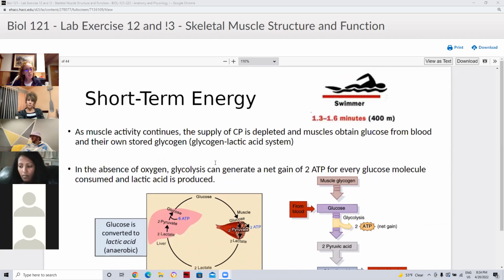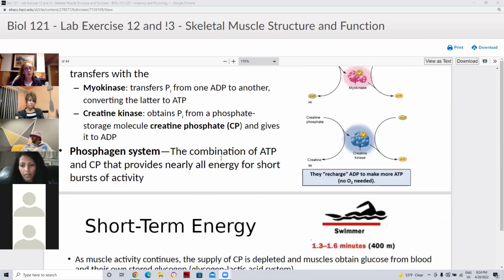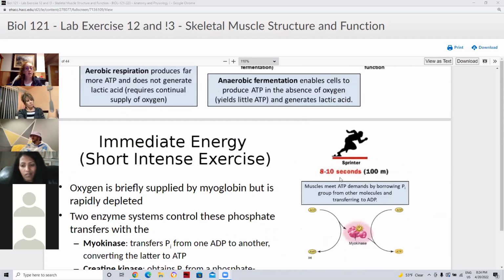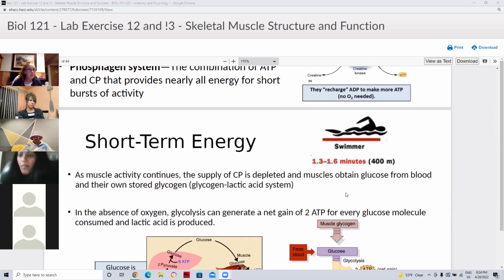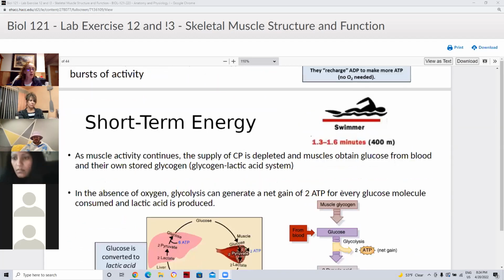For short-term energy, so rather than a sprint of 8 to 10 seconds, for 1.3 to 1.6 minutes, short-term energy. As the muscle activity continues, the creatinine phosphate levels are going to get depleted.